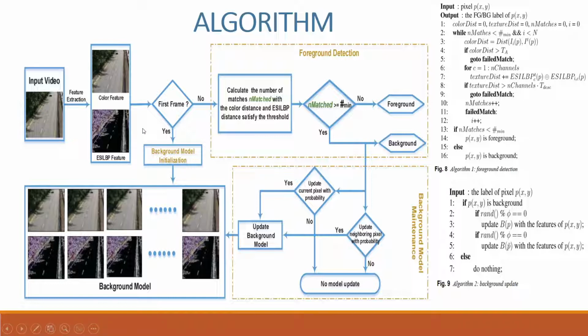After that, whenever the next frames come, frame 2, frame 3, the program calculates the number of matches between the color features and the ESLBP features. Here is the algorithm for the same. First, we measure the color distance using the photometric invariant color measurements.